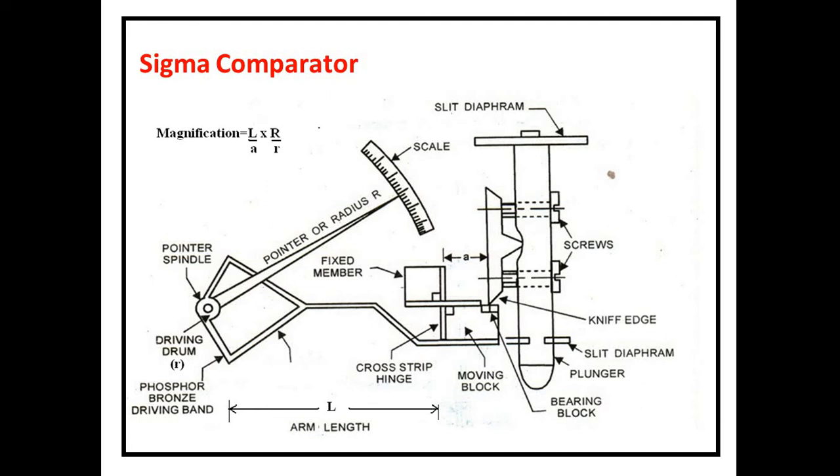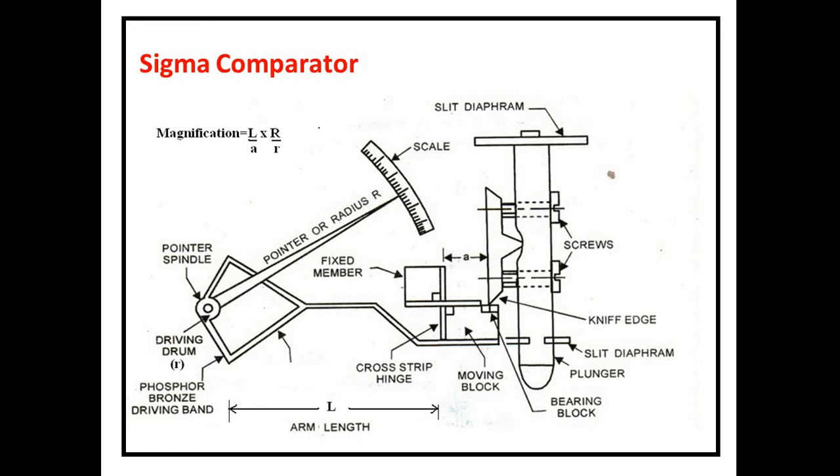The cross strip hinge consists of two members, a fixed member and a moving member. The two are connected to each other with a flexible strip. So this is a flexible strip, and as the moving member is acted on by an external force, it may go in clockwise direction or in anti-clockwise direction, depending upon how this knife edge moves.